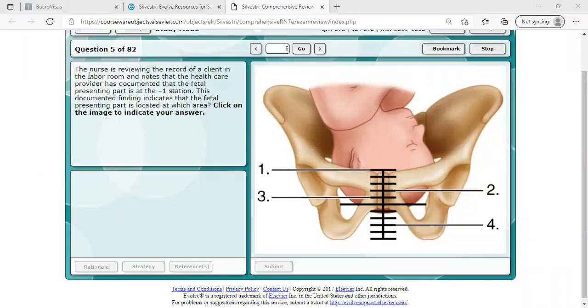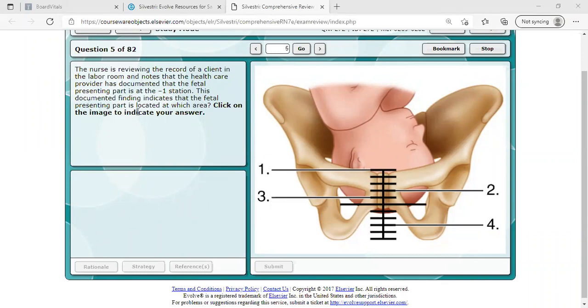The question here: the nurse is reviewing the record of a client in the labor room and notes that the healthcare provider has documented that the fetal presenting part is at the -1 station.